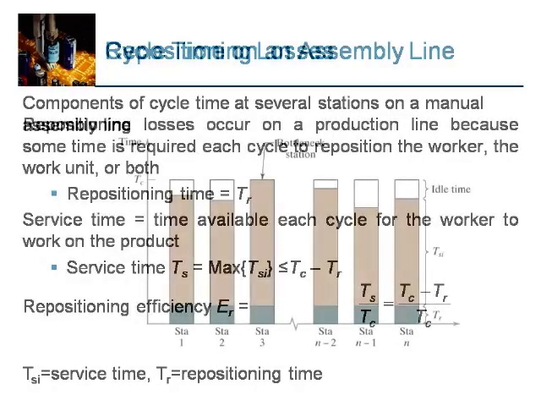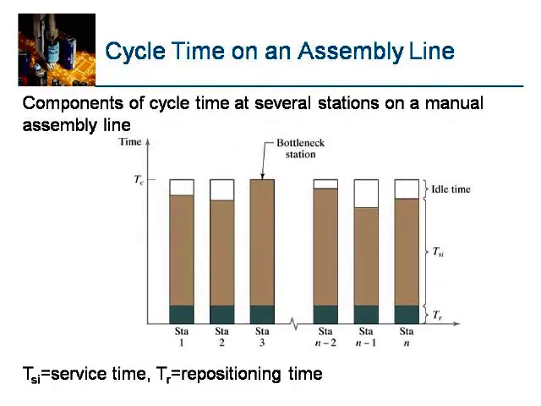Components of cycle time at several stations on a manual assembly line are typically shown here. Here you can see that the white portion shows the idle time.